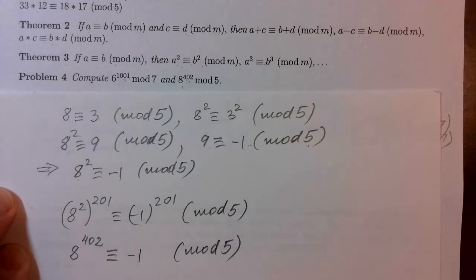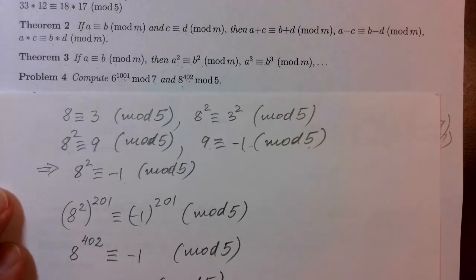So this is -1 mod 5. And because -1 has remainder 4, it is 4 mod 5. We can replace -1 here by 4 by transitivity. This way, we'll have a positive number, but -1 can stay. It is still correct. Okay.